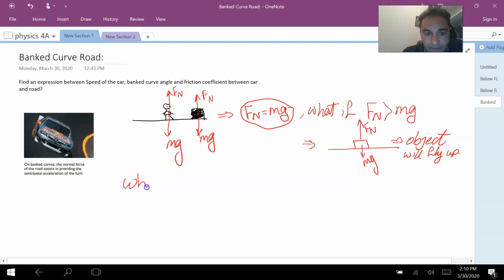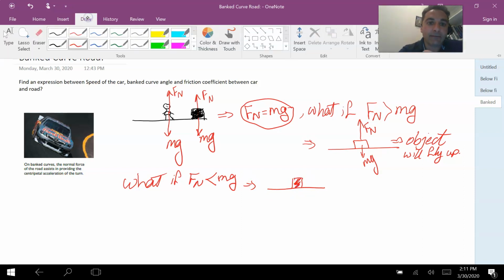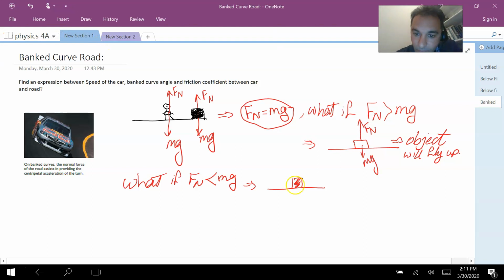What if Fn becomes smaller than mg? In other words, mg becomes more than Fn. See? So let's say this is an object, correct? Therefore, I have two forces. One force is mg as always, and one force is Fn.